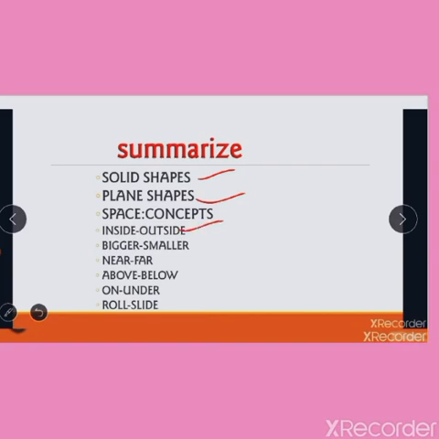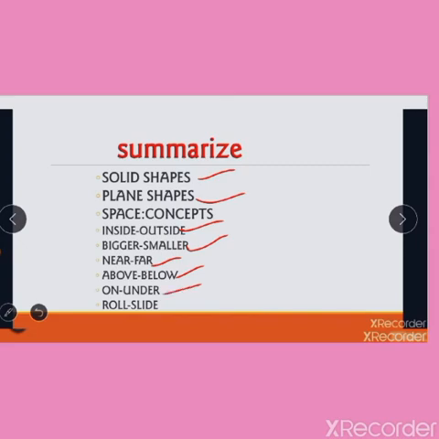Yes, the cherries are inside the bottle and outside the bottle. Bigger and smaller. The chimpanzee is much bigger than the monkey. Near and far, above and below, isn't it? The sparrow is above the tree and the pussycat is below the tree.